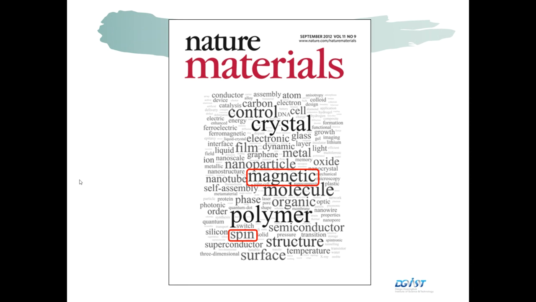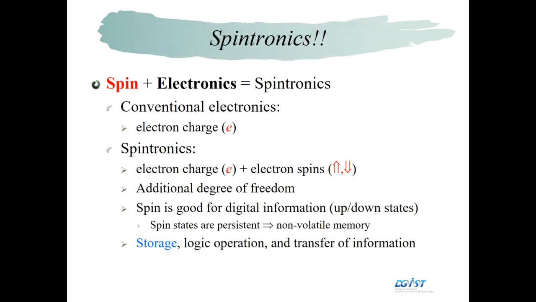That implies magnetism and spintronics are one of the mainstreams of research in material science. And there are also many related topics with magnetism, like nanoparticles, nanowires, ferromagnetic films, anisotropy, and so forth. So in this lecture, I will talk about a related topic called spintronics.